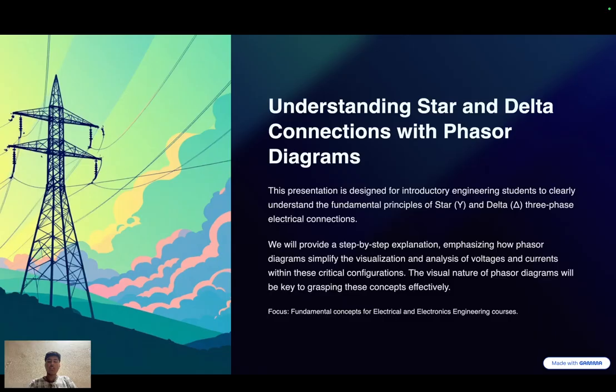By using phasor diagrams, we can visually represent the phase difference between voltages and currents, making the relationship between line and phase quantities much clearer.